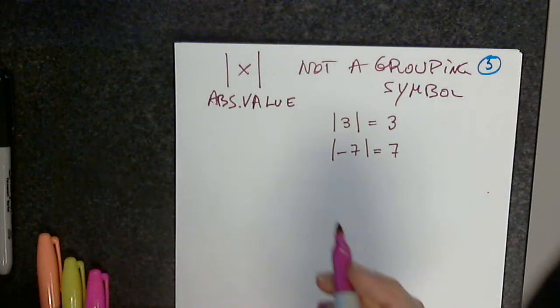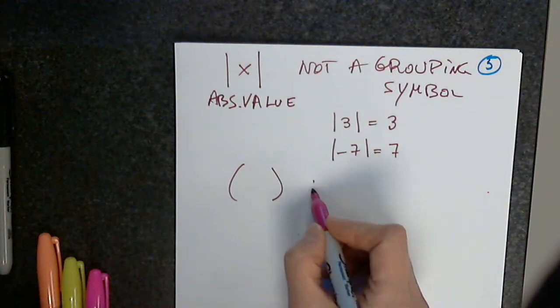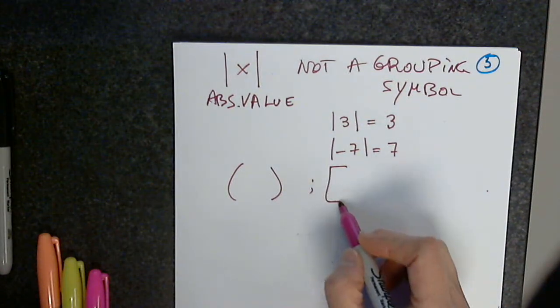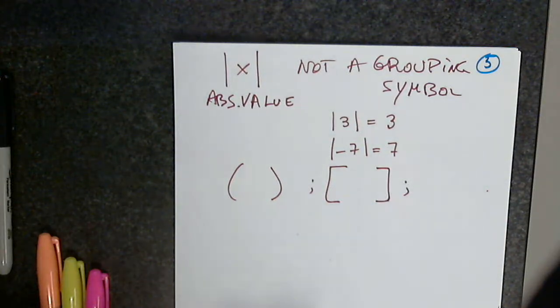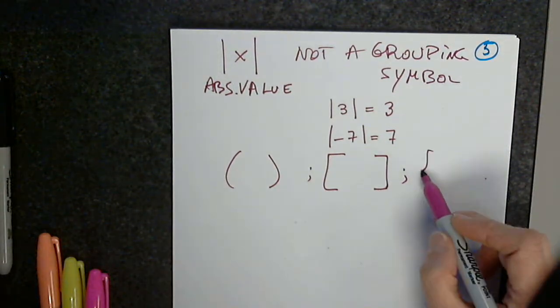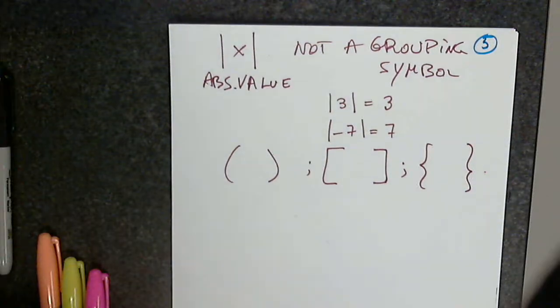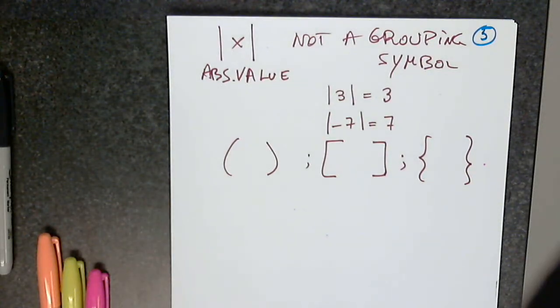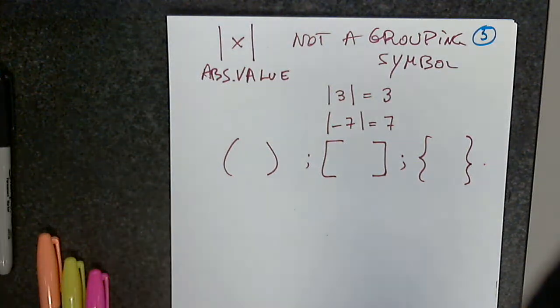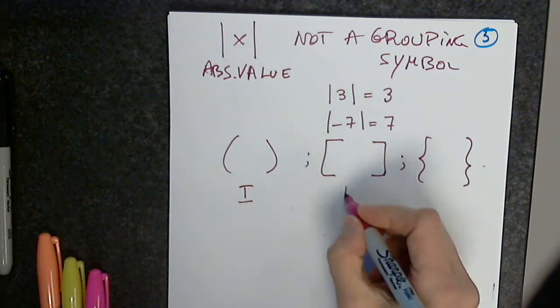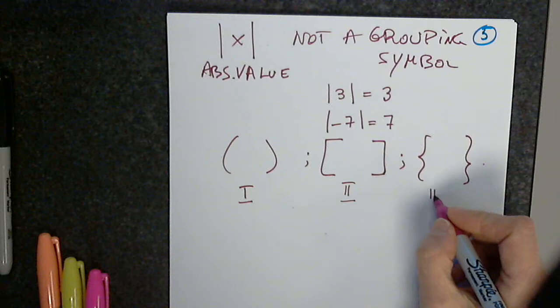So we have 3 different grouping symbols. This one is one. This is the second one. And this is the third one. This has the first priority, this has the second priority, and this has the third priority.